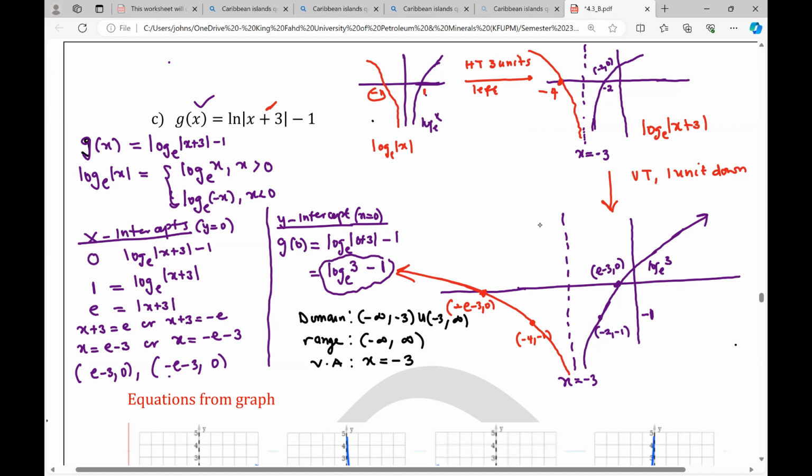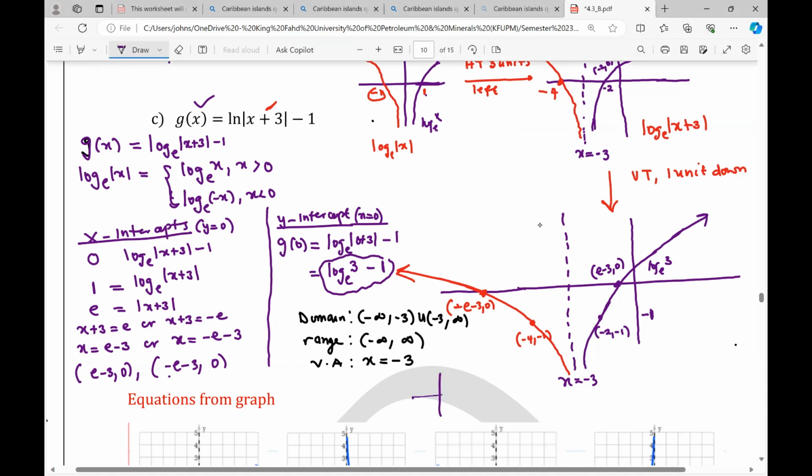Definitely we know this is going to be positive. So why is it positive? Because you can use the graph. Remember, this will be something like this, because log to base e of x is an increasing graph, right?